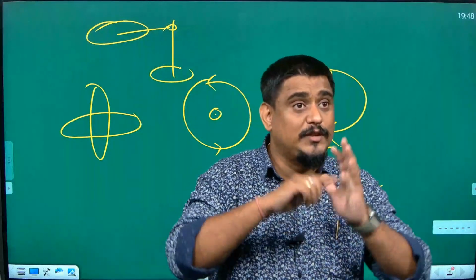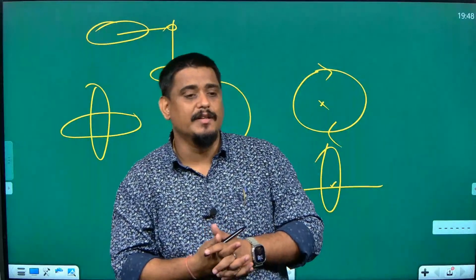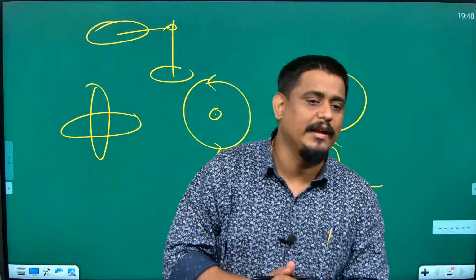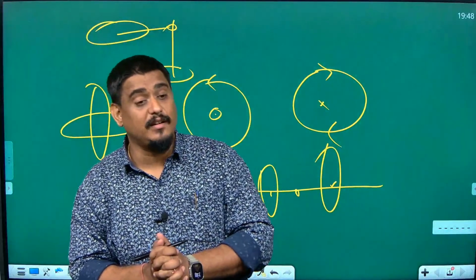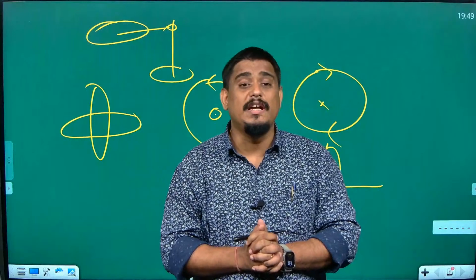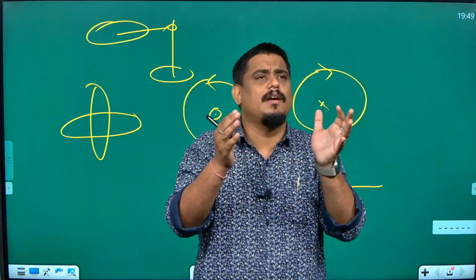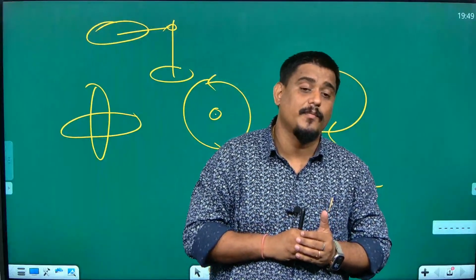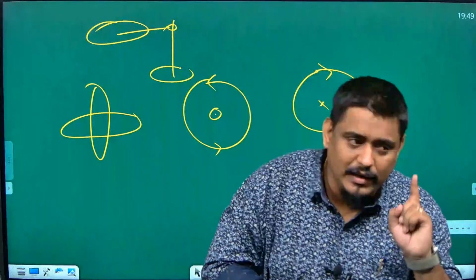By the use of this property, we found a device called the moving coil galvanometer, an electrical device used to detect a very feeble current. If you want to find a small current, you can find it by using a moving coil galvanometer.